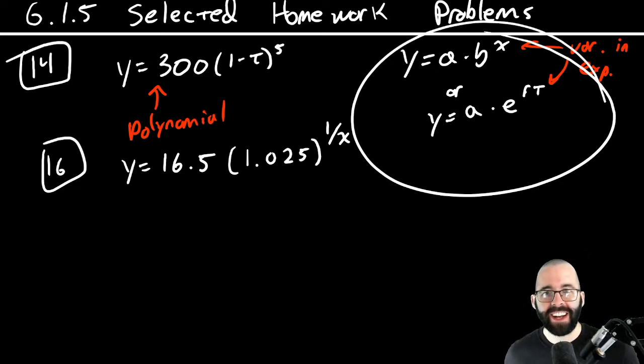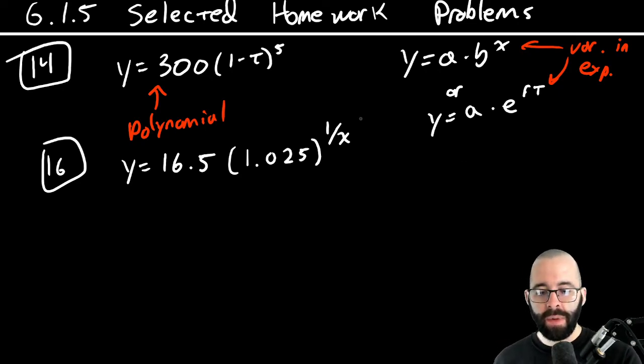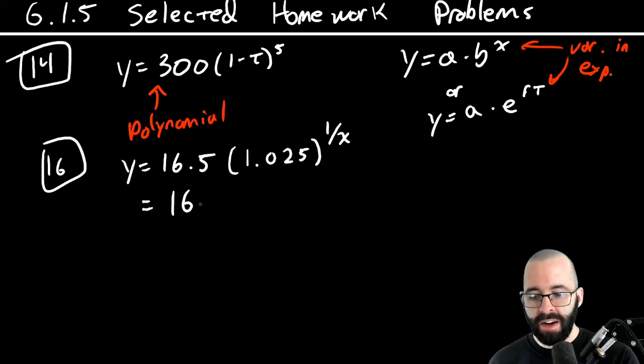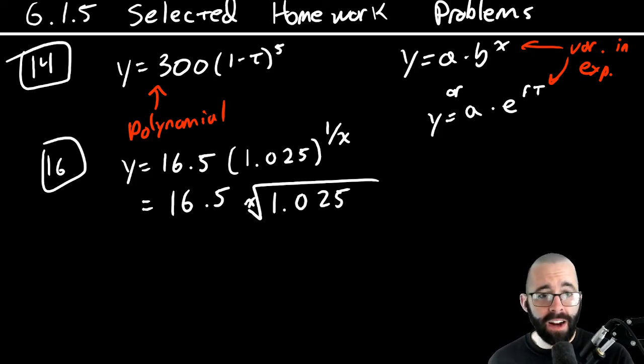It's not in the right form, and it can't be the right form. Negative exponents mean reciprocal, but fractional exponents are radicals. All right, this is 16.5 times the xth root. This is a radical. This is not an exponential equation either. What does this look like? This function's got to look really weird.